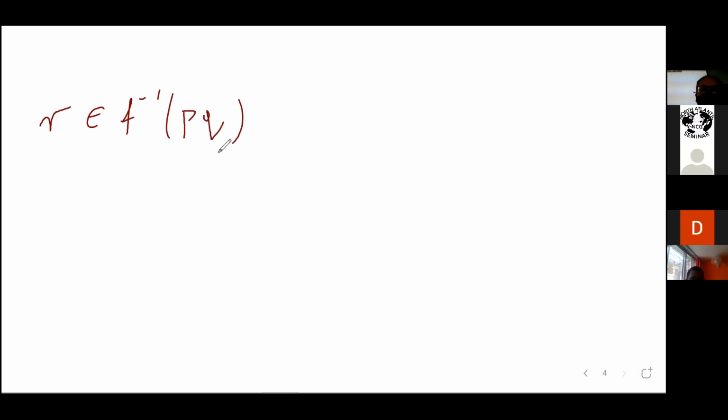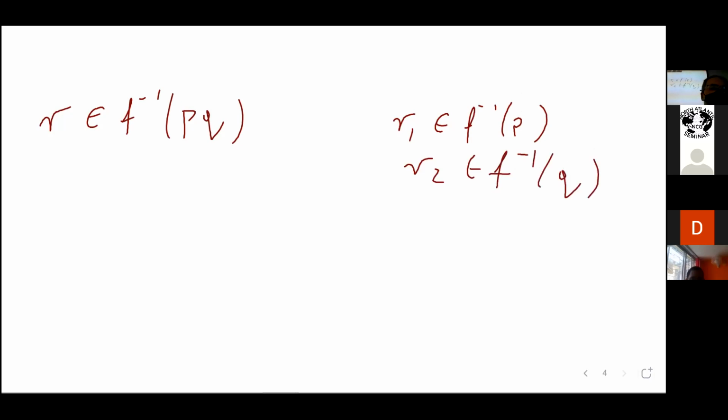That's the case we study. And on the other hand, we have the sum with R1 in the preimage of P and R2 in the preimage of Q. And here we have chi R, and here we have chi R1, R2.